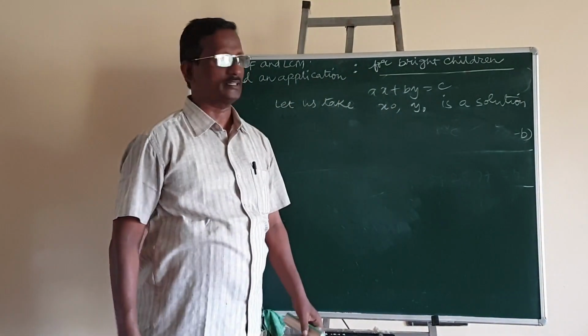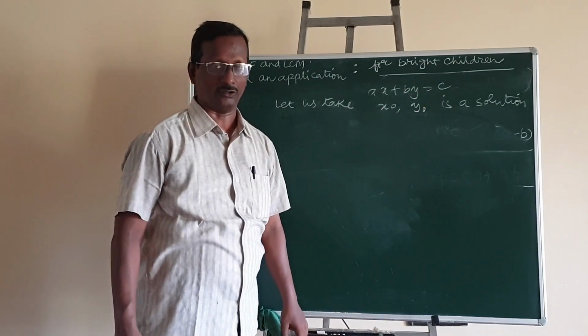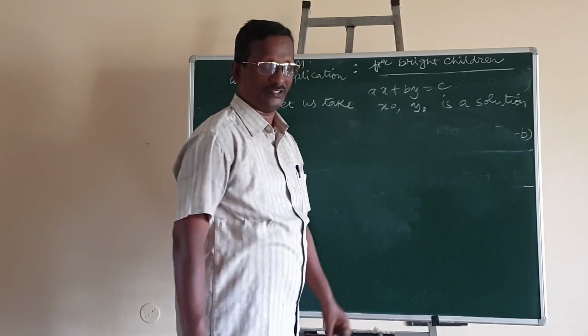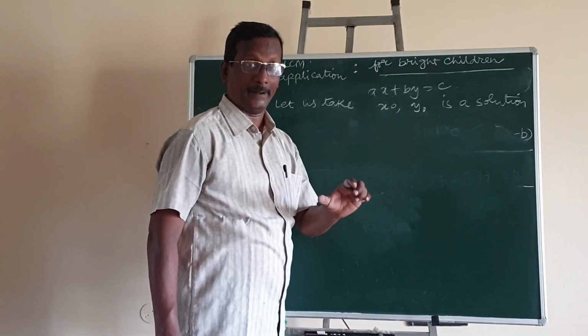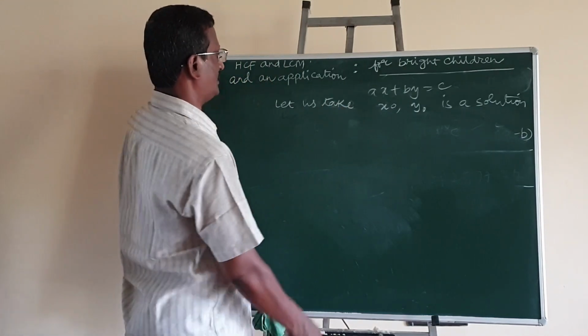We have to calculate for the general equation. Let us take this is the solution, first solution, or you can say base solution. By making use of this base solution, we make a particular frame from which infinitely many solutions are generated.